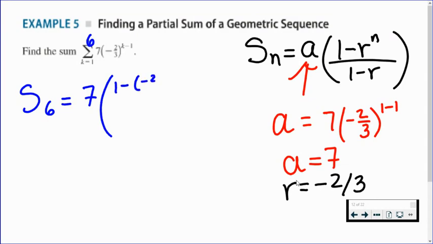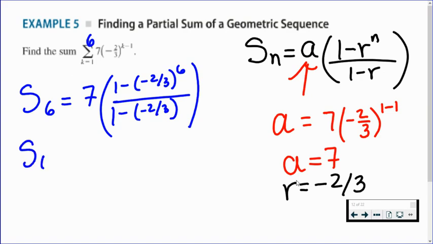Be careful with the double negatives here. Same on the bottom. We're going to take the calculator. I know that these fractions can be a little hideous.